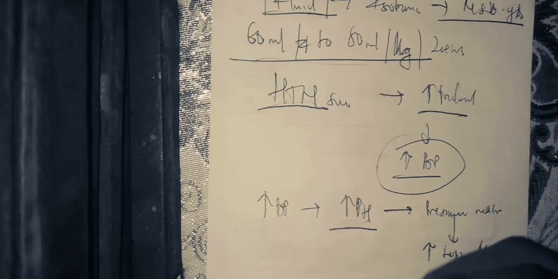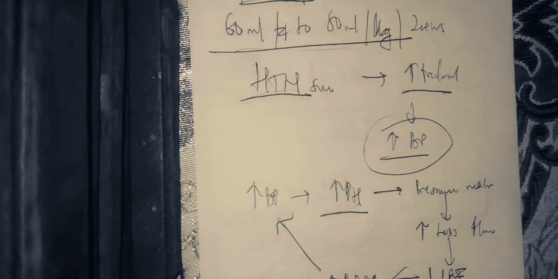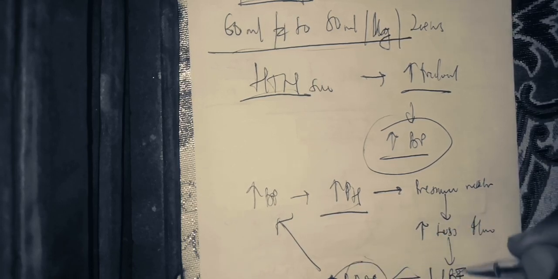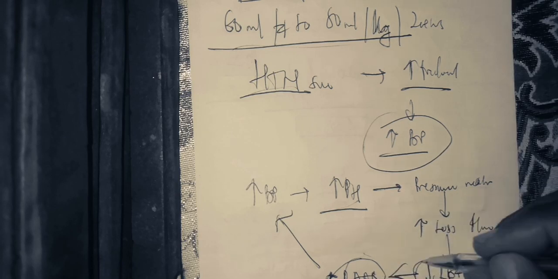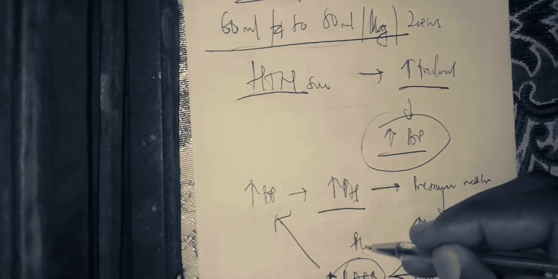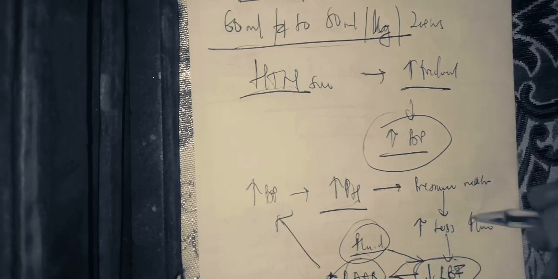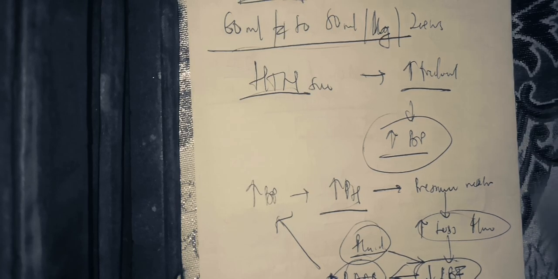That reduction in renal blood perfusion results in an activation of the RAS system, which again further increases blood pressure. So in order to prevent this RAS activation from the reduction of renal blood flow, you must give fluid to the patient. That's the first mechanism.